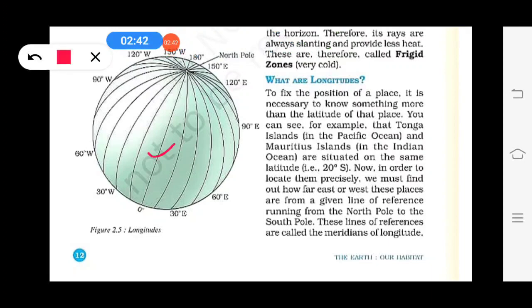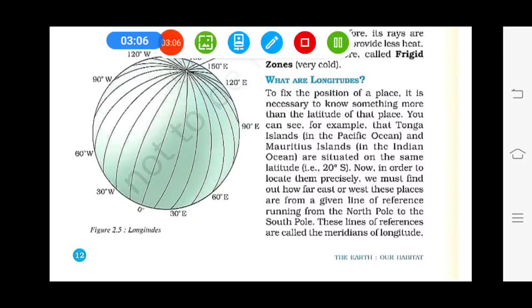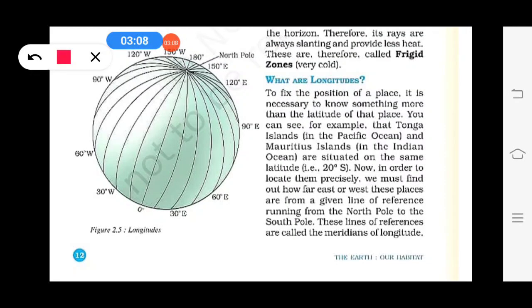These lines are lines of meridian or lines of longitude. Distance between the lines of longitude is measured in degrees of longitude. Each degree is divided into minutes and each minute into seconds. They are all semicircles. Look at the picture. These lines are semicircles and the distance between them decreases towards the poles.